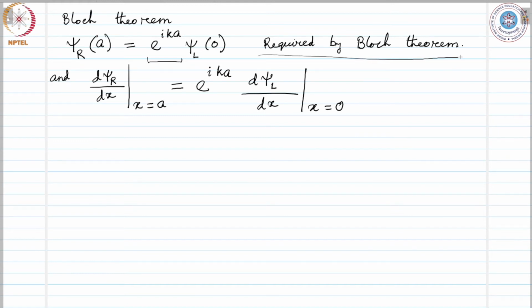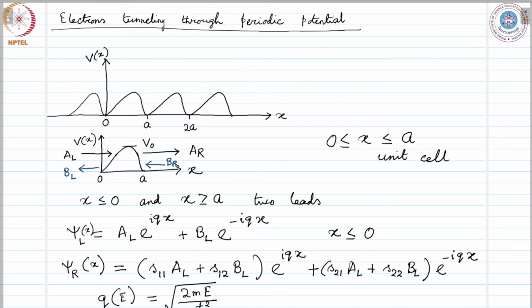Now, if we have these two boundary conditions satisfied, then we can obtain the linear homogeneous equations for the arbitrary coefficients A_L and B_L in these equations.